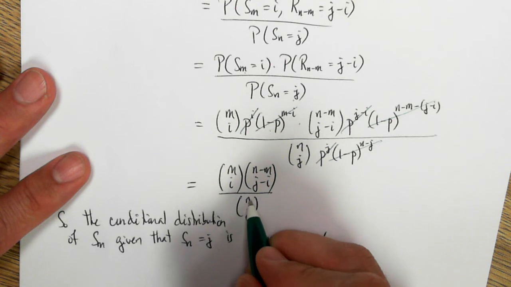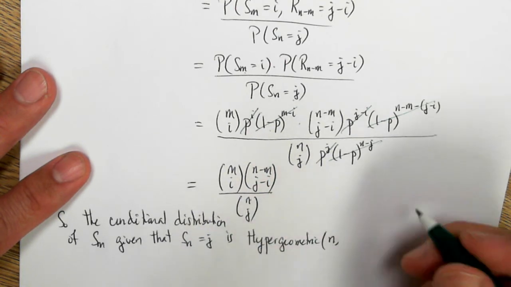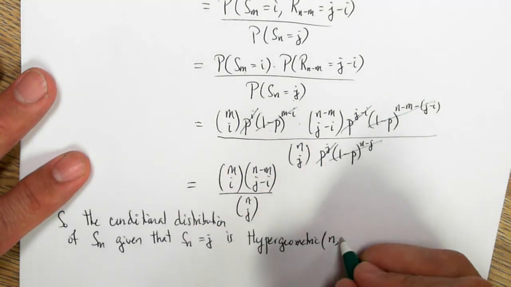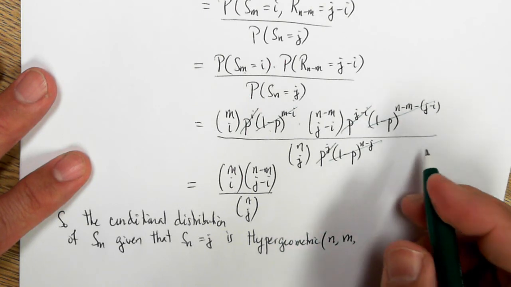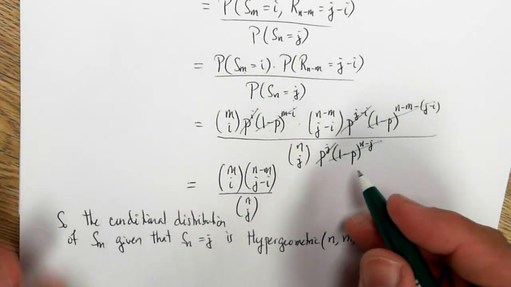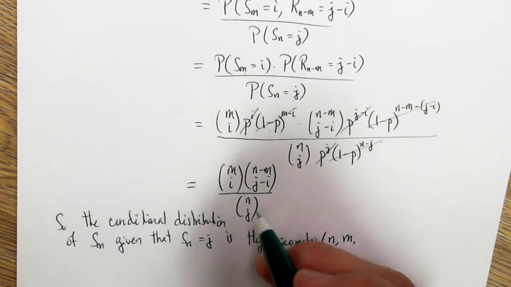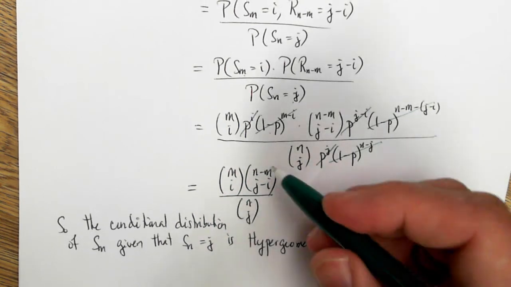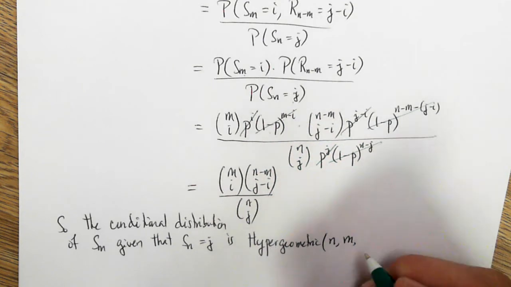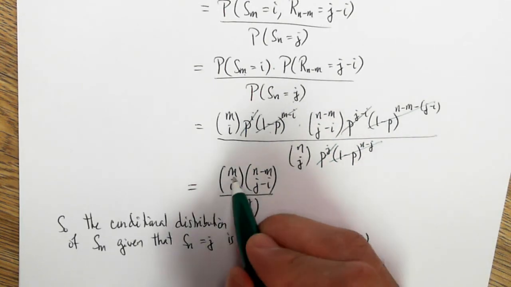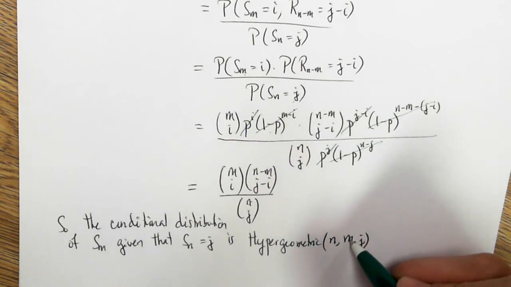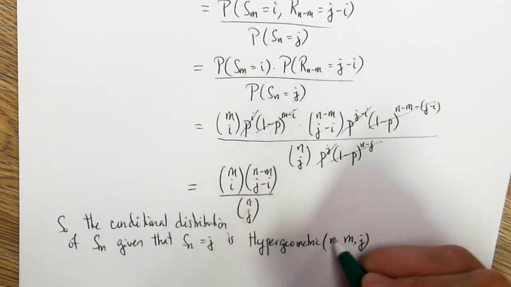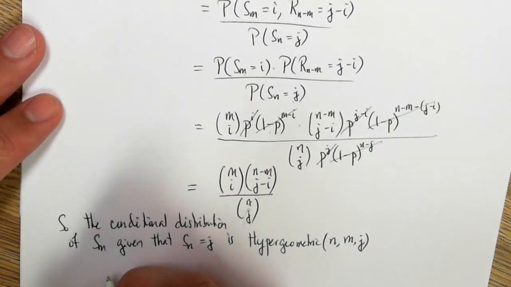Now the parameters: the total number of objects is little n, the number of good objects is m, and I'm looking to get i successes, so the number of draws is equal to j.